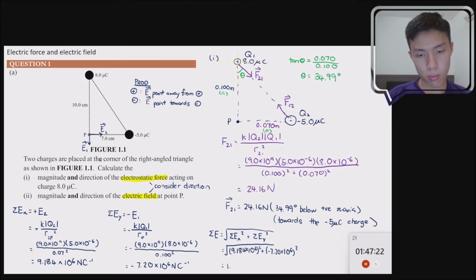You get 1.167 times 10 to the power of 7 Newton per Coulomb. Okay, double check my answer.